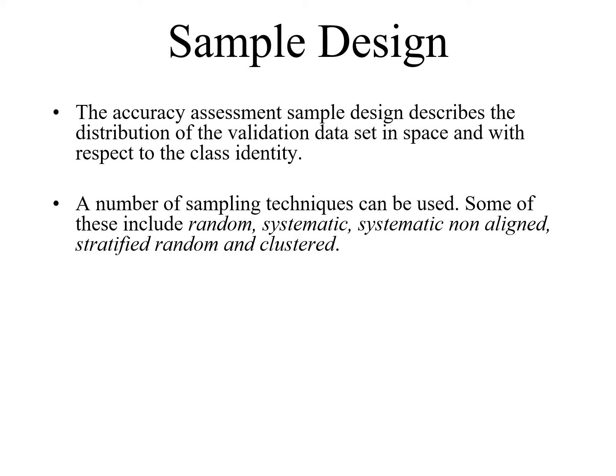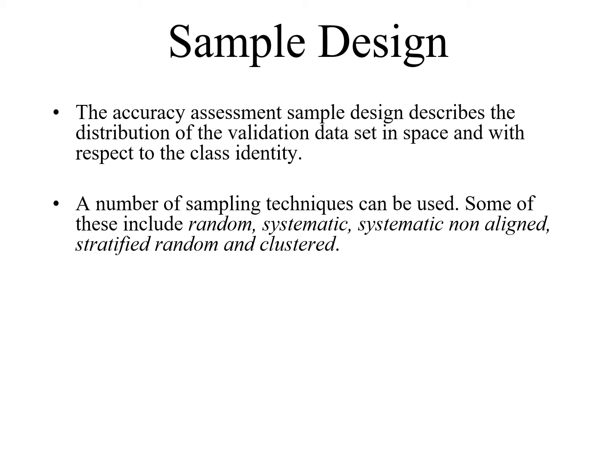So we have some concerns about the size of the samples that we're going to be making to try to determine class. We also have to think about sample design. So the accuracy assessment sample design just describes the distribution of the validation data in space. So are you going to lay out your samples evenly in north and south and east and west?